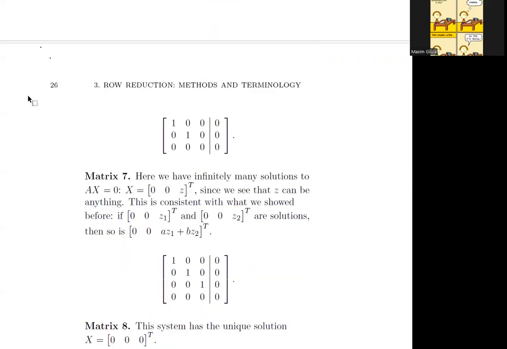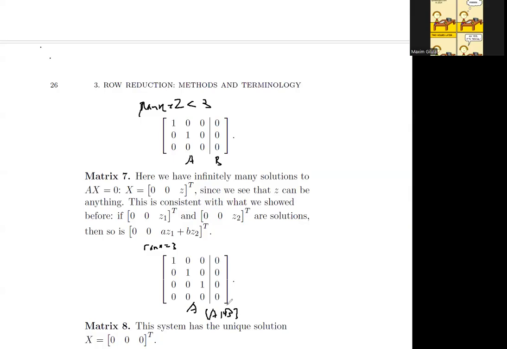This one, there were 2 pivots, but 3 columns. The rank is 2 for both A and [A|B]. The rank is 2, which is less than 3, and so we get infinitely many solutions. Here, the rank is 3 for A and [A|B], because a homogeneous system will always have the same number of pivots for A and the augmented matrix [A|B].